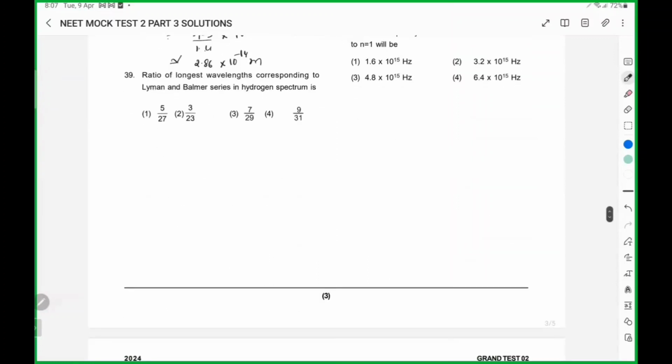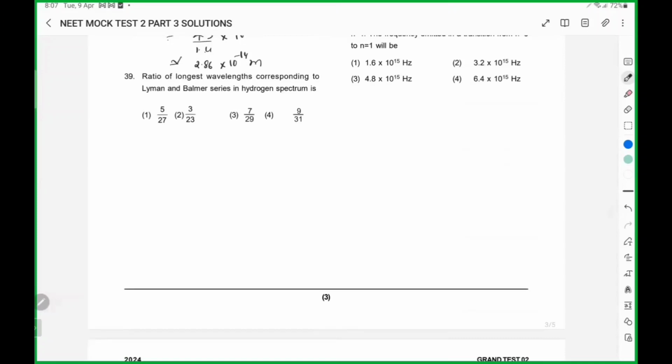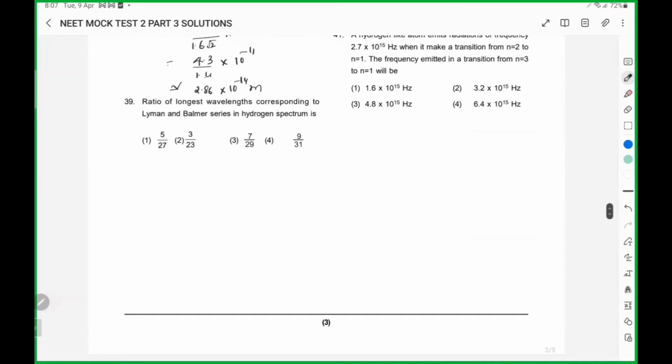The ratio of wavelength corresponding to the Lyman and Balmer series in the hydrogen spectrum. We use the Rydberg formula. 1 by lambda is equal to R Z square into 1 by N1 square minus 1 by N2 square.